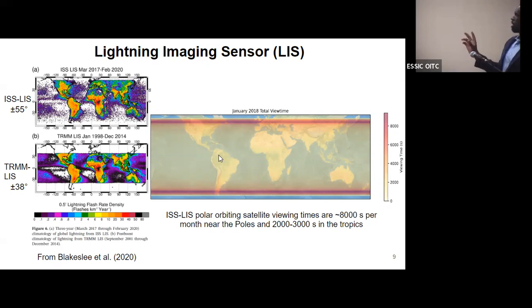And just one other thing to note is that with the polar orbiting data, we have to normalize that data for the viewing time. So flash frequencies would be relative to the varying viewing times here with latitude.